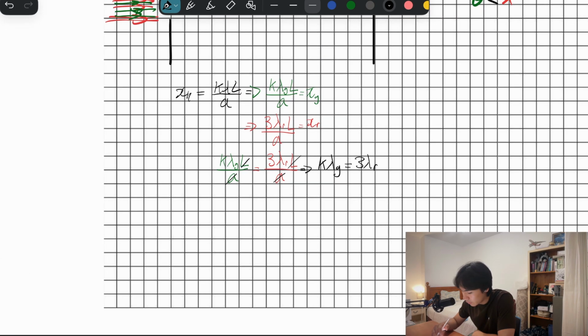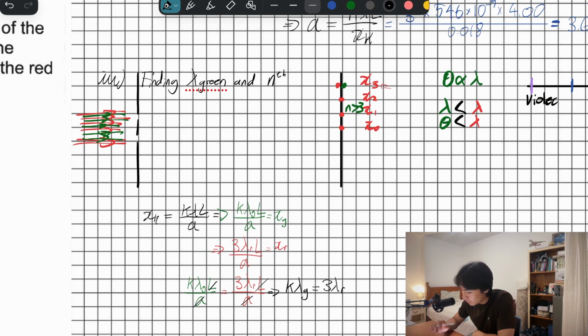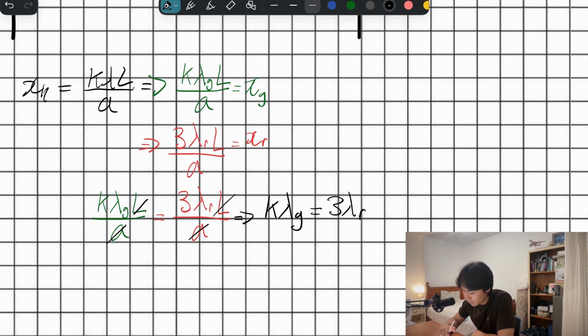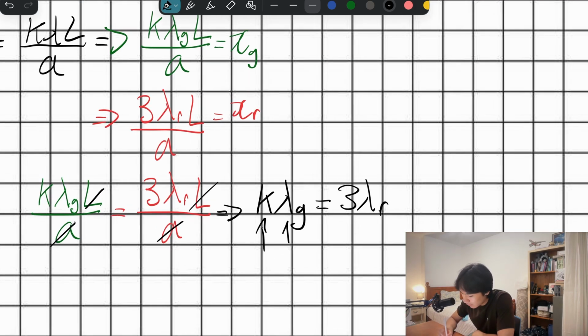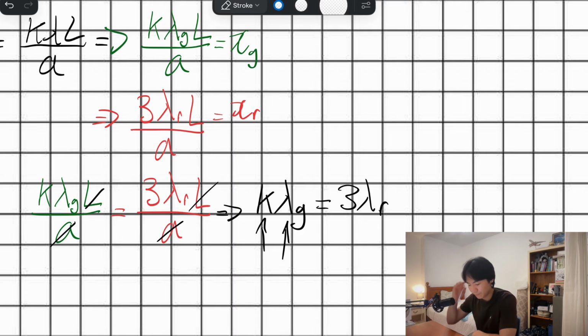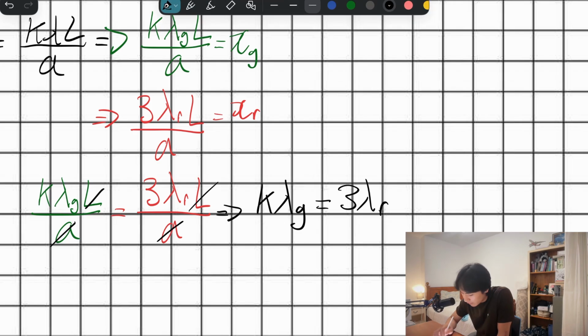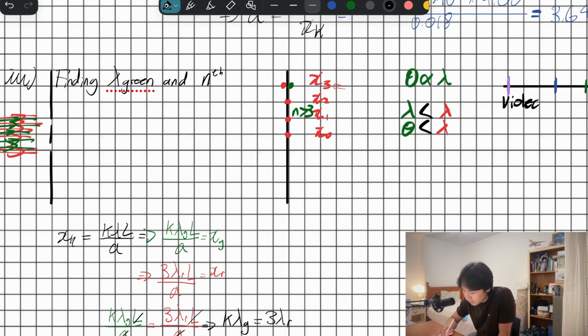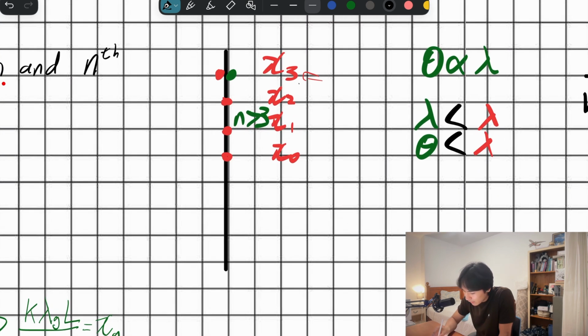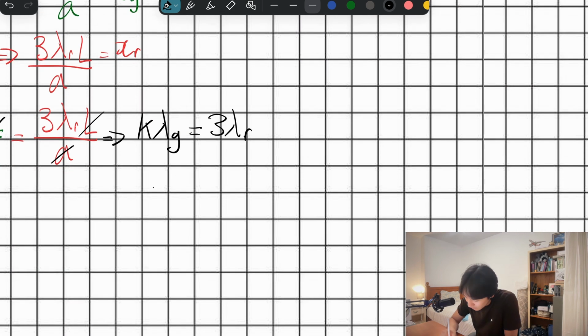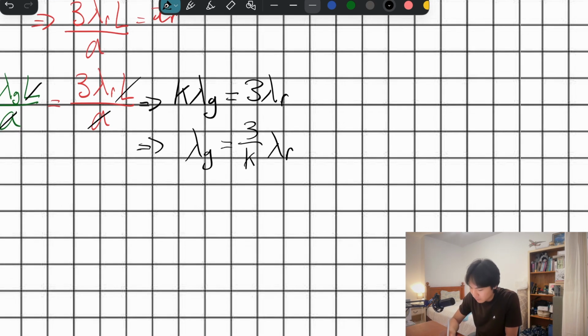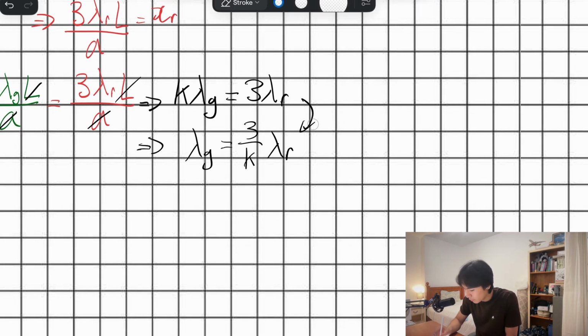Technically we are missing two variables here, two unknowns, because we don't know k and we don't know the wavelength of the green light. However, what we can do is assume that k is greater than 3. Then lambda green is going to be 3 over k times lambda red, since we just divided both sides by k.